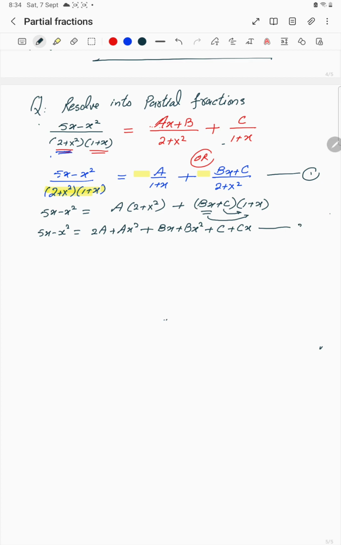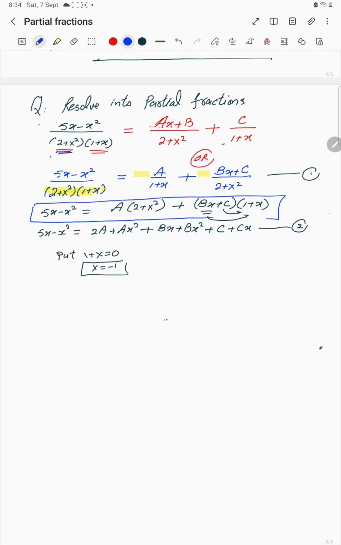So this is supposed to be equation number 2. Now for the linear denominator, just put 1 plus x equal to 0, meaning x equal to minus 1. So for the linear term I can put it directly here.